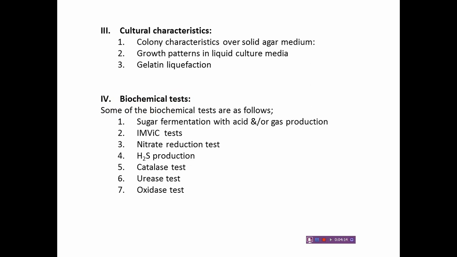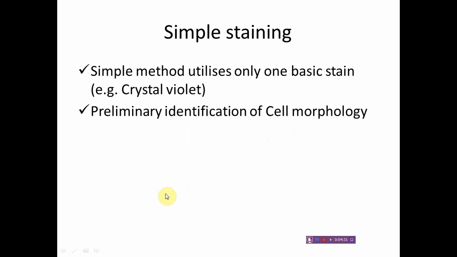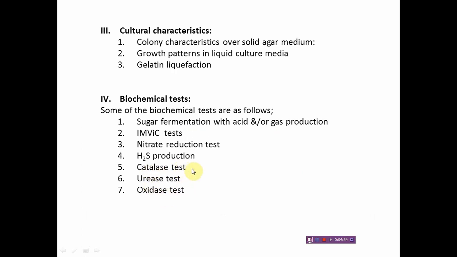Based on the results of these tests, we acquire specific information such as whether the cells are fermenting the sugar, whether they are producing acid or gas, whether the cells are aerobic, whether they are positive for oxidase test, whether the cells are positive for catalase enzyme, whether the cells are capable of reducing nitrates, the tests like urease test, and some of the important tests like IMViC tests, results of IMViC tests.